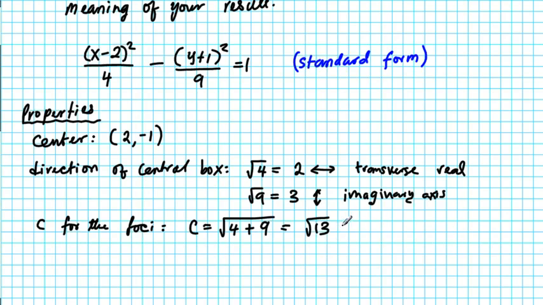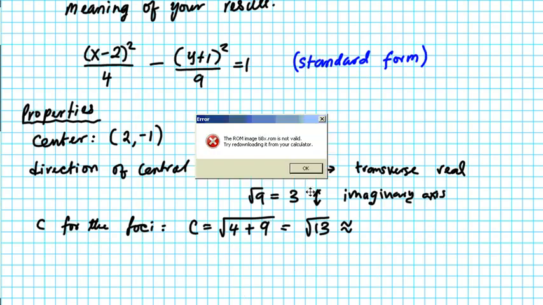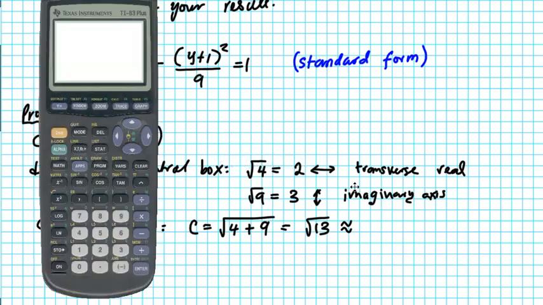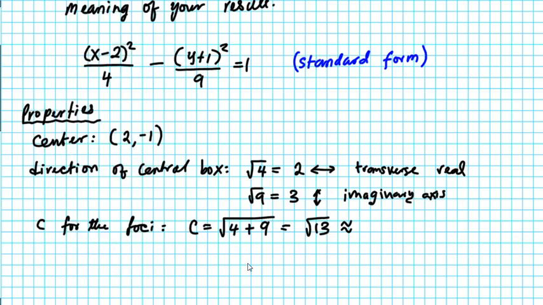So root 13, which is approximately, you can work that out in your calculator. Let's see what that is. The square root of 13 is 3.6. Let's just use 3.6, so it's approximately 3.6.